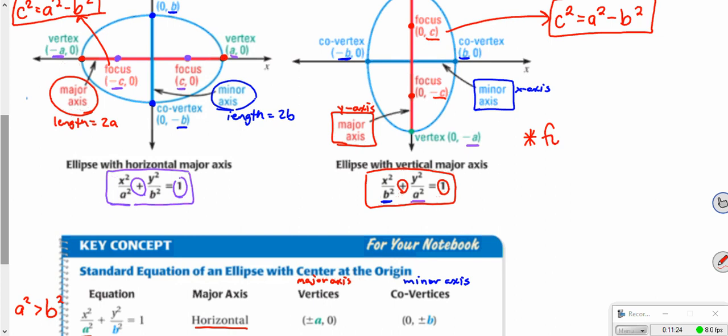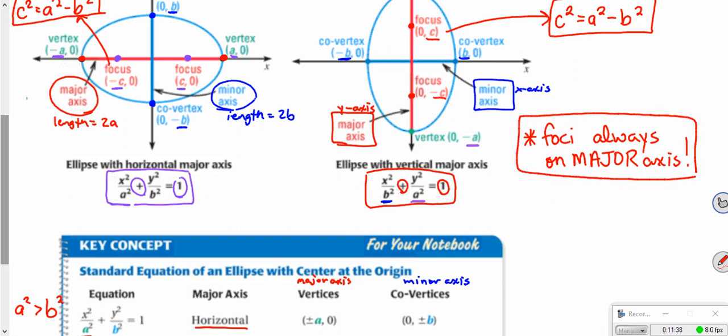Let me say that. Okay, it's a good point to make, I think. Your foci are always on your major axis, always.